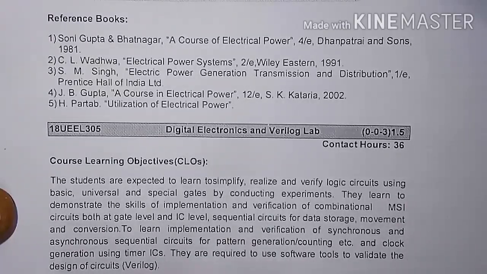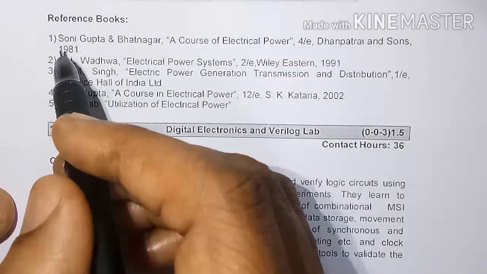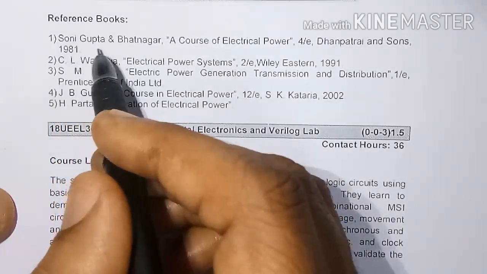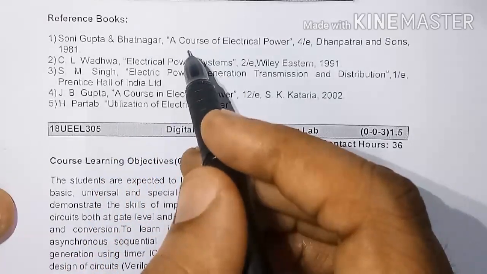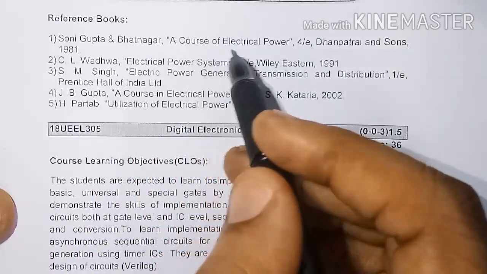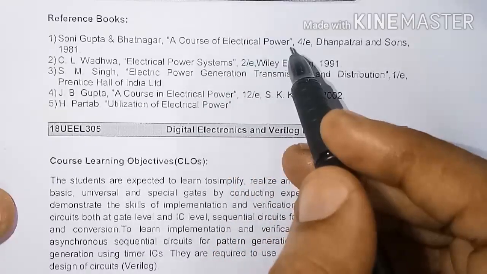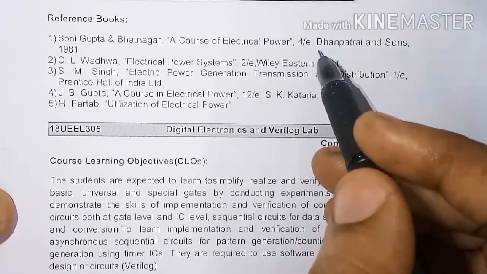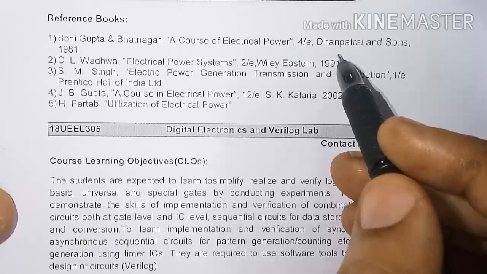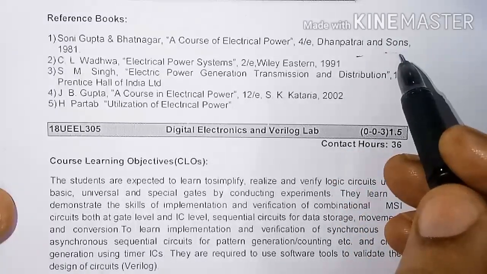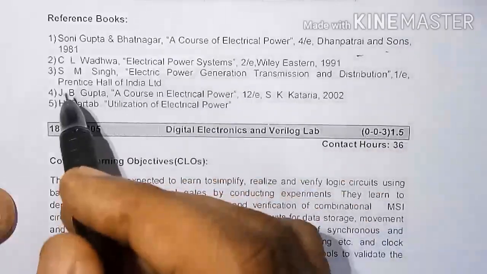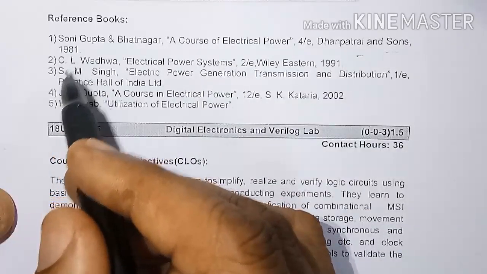The reference books are: first one, Soni, Gupta and Bhatnagar. The title of the book is A Course of Electrical Power, 4th edition. Publisher is Dhanapat Rai and Sons. Year of publication is 1981.